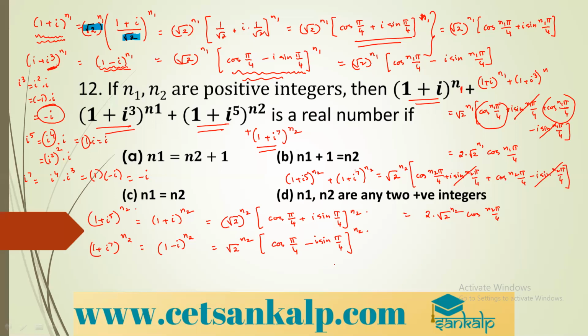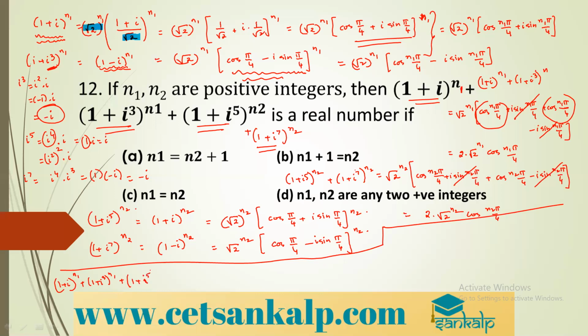Now, when I add all the given expressions, that is, (1 plus i) power n1 plus (1 plus i cube) power n1 plus (1 plus i power 5) power n2 plus (1 plus i power 7) power n2, what can I take common?